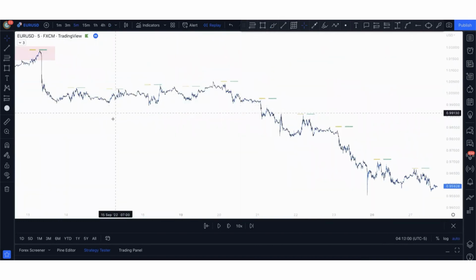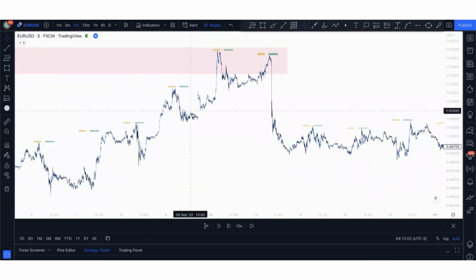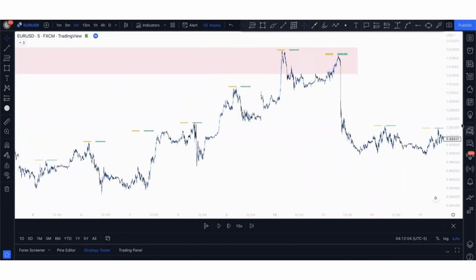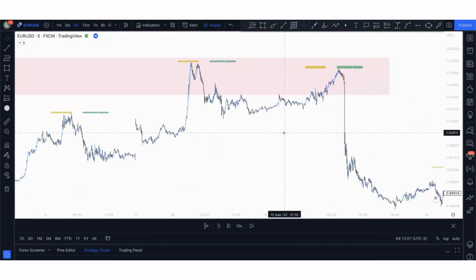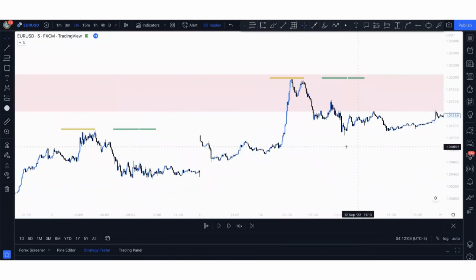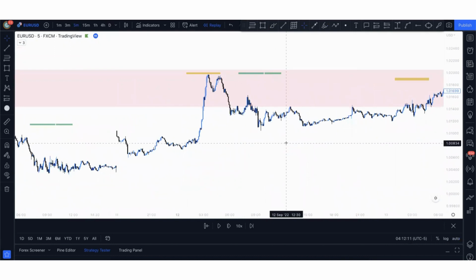So I want to highlight that we don't take trades using an order block alone.